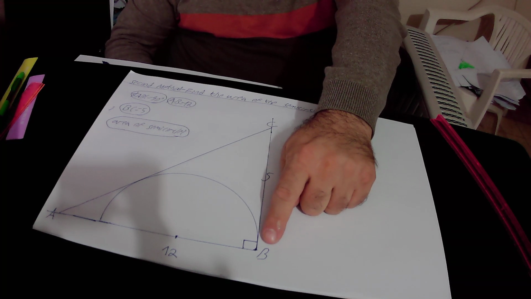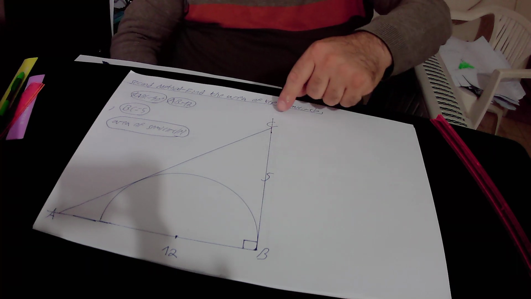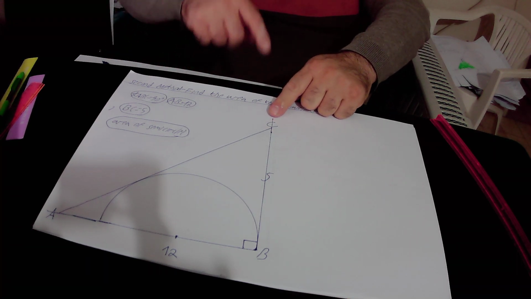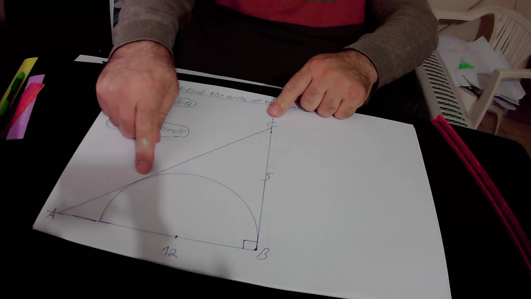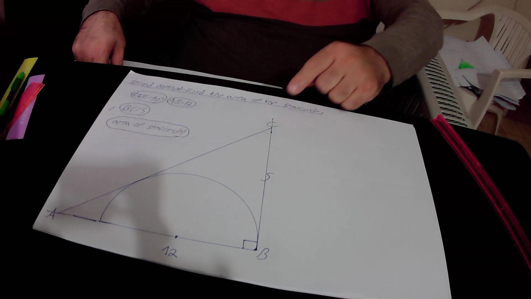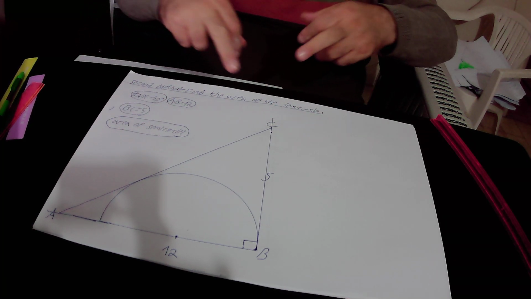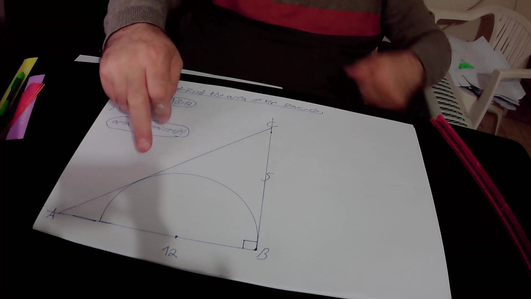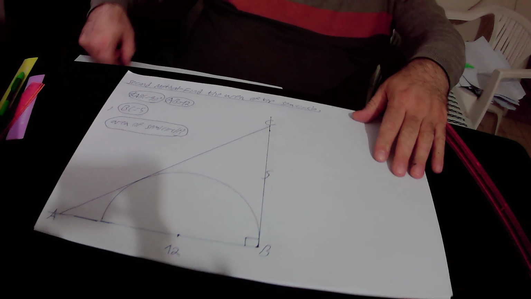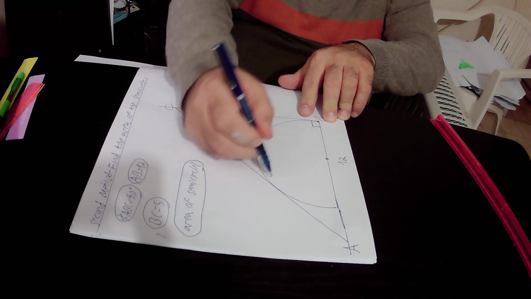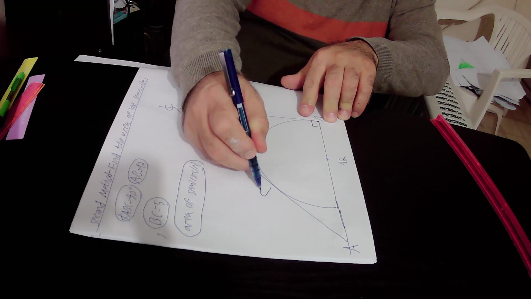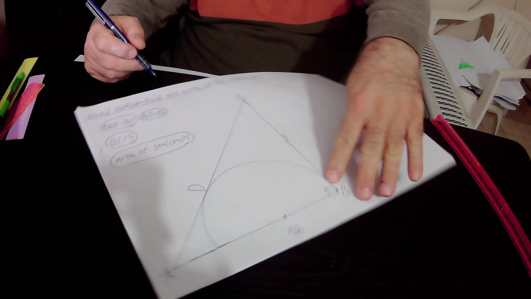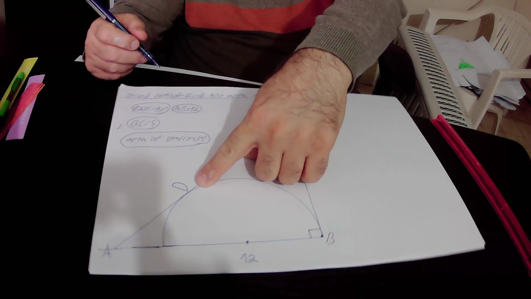CB is tangent to the semicircle at point B, and the second tangent is CA. We define the touching point between the tangent CA and this circle as point D. So the point of tangency of tangent CA with this semicircle is defined as point D.